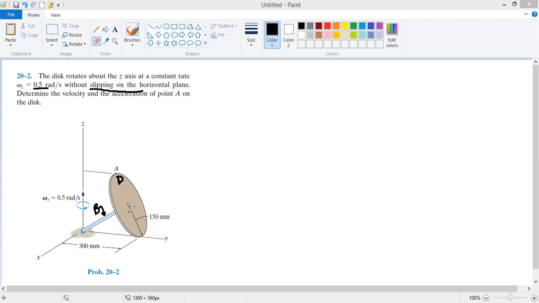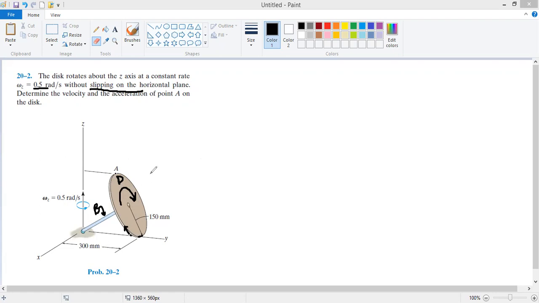So it means that this disk should be spinning in this way, in a sense of clockwise rotation. As this disk is spinning in the clockwise direction, at this point the spin is clockwise, and this entire disk is then rotating about the z-axis.